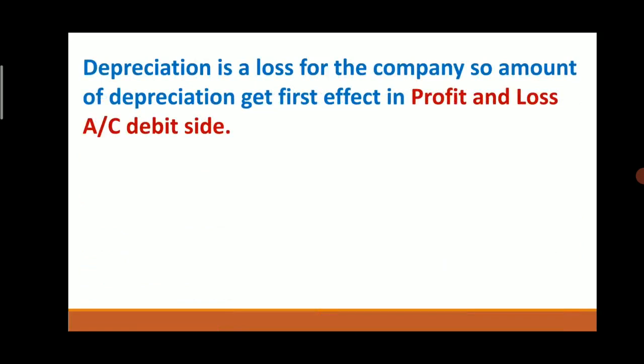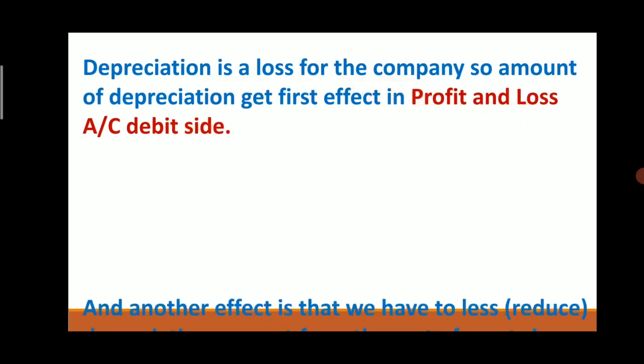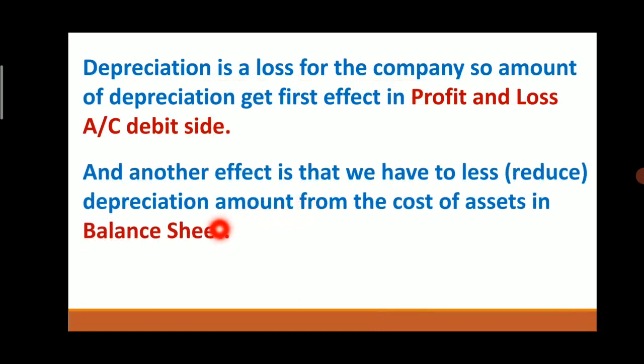Now depreciation has two effects. One, as we know, depreciation is a type of loss, and all losses and expenses we write go on the debit side of the profit and loss account. So the depreciation amount will have its first effect in the profit and loss account, debit side. Another effect is in the balance sheet, where we deduct the depreciation from the original cost of the assets.